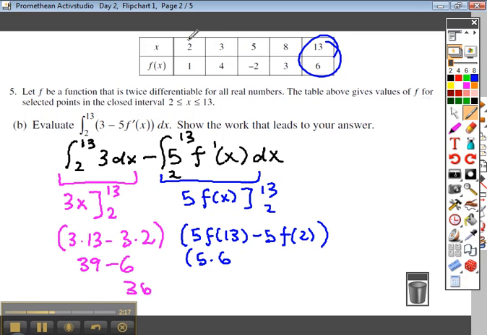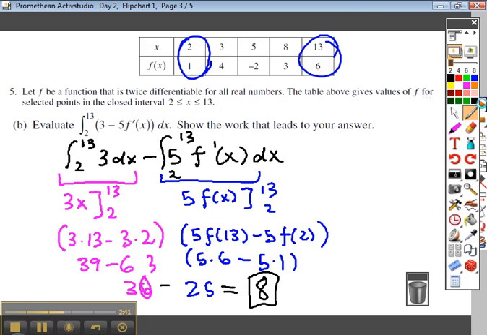And f of 2 is 1, so this is minus 5 times 1. So you get 30 minus 5, which is 25. And when you do the final subtraction, actually there's an error: 39 minus 6 is not 36, it's 33. 33 minus 25 should give you 8.